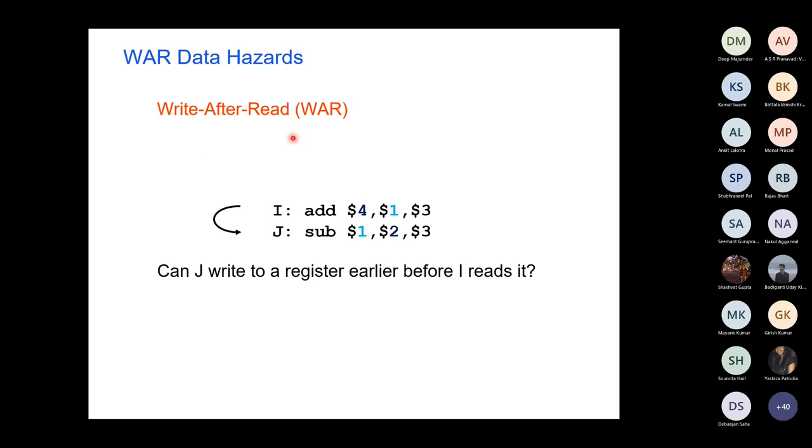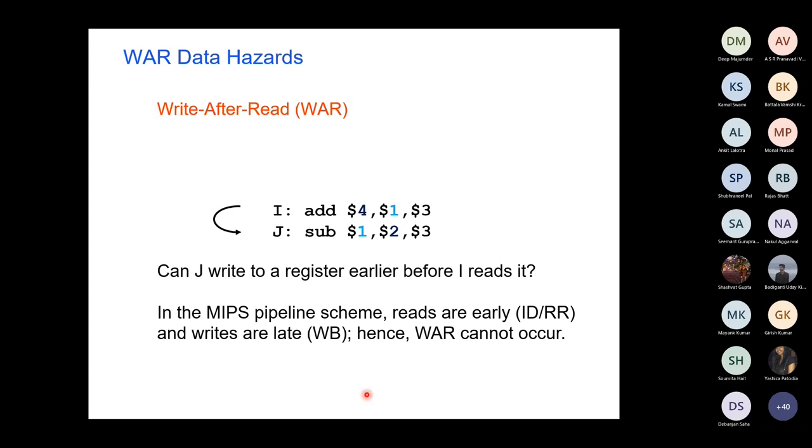So this is write after read. However, in this kind of MIPS pipeline, this hazard will not occur because the reads are early and writes are late. So here it cannot occur, but in other machine architectures this kind of hazard might occur.